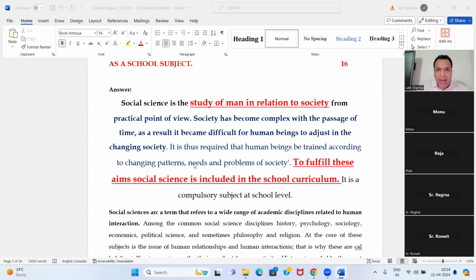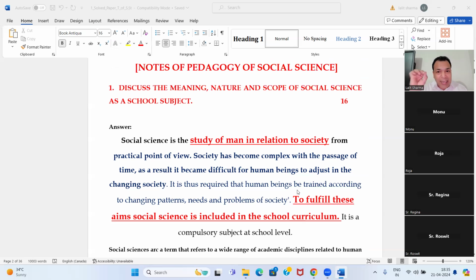So it is required that human beings be trained according to the changing patterns, needs, and problems of the society. To fulfill these needs, these aims, social science is included in the school curriculum. अब आपको, you have got the point. So guys, the topic is meaning, nature, and scope of social science.